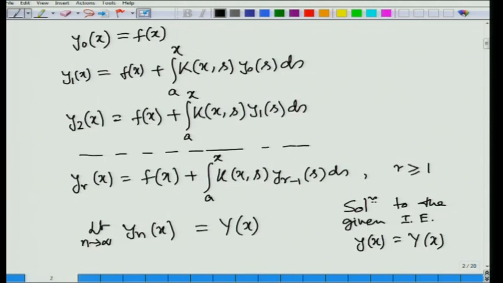So, we can repeat it again. As a 0th order approximation, we can assume y0(x) equal to f(x). Using y0(x), we can calculate y1(x).